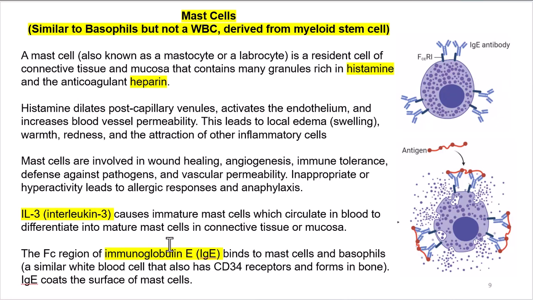And once they mature, they get covered with a type of antibody called IgE, which ends up binding all over the surface. There's a word for that, opsonization, when a chemical binds all over the surface of something. And then these antibodies can recognize antigens, and then these mast cells will undergo a process called degranulation, where they release histamine and heparin into the environment.